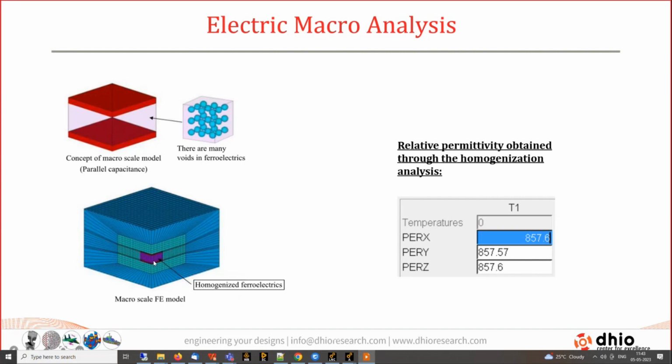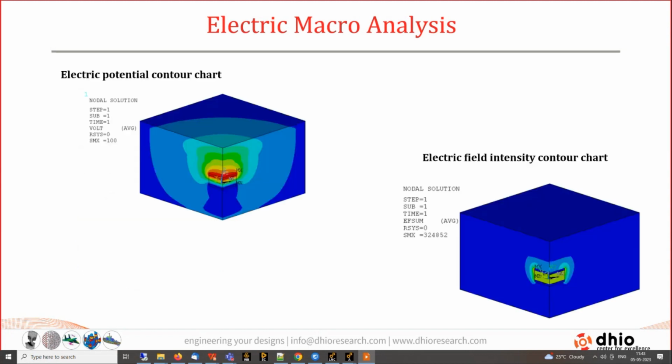This is where the homogenized ferroelectric is located, where you can apply the material property gathered from the multiscale sim. You can apply that material property, and post-processing parameters like electric potentials can be extracted and are displayed here, and electric field intensity is also displayed here.